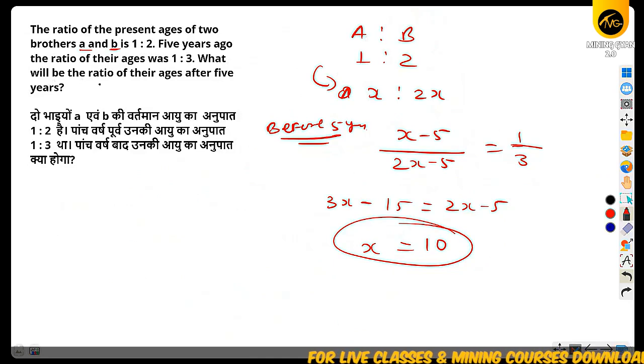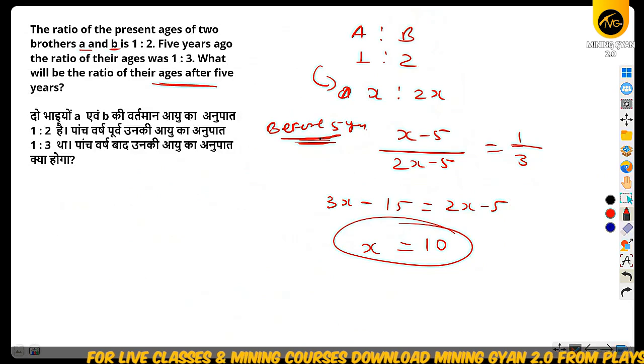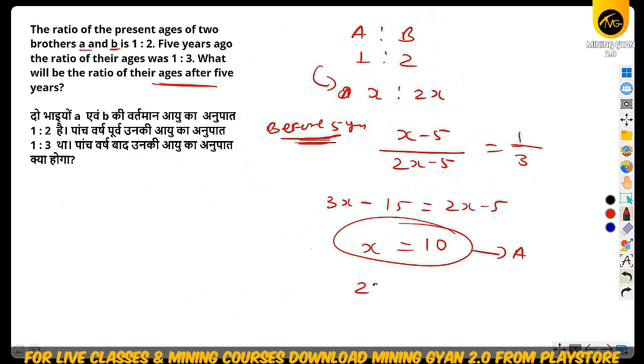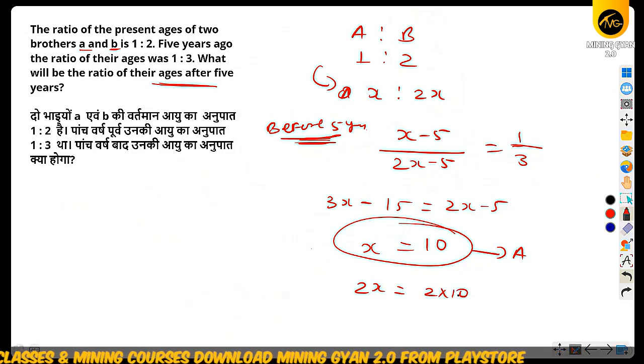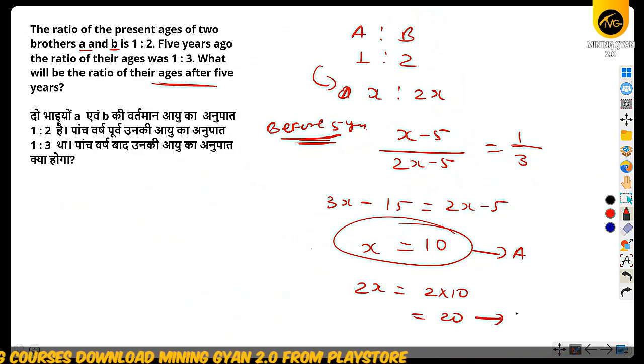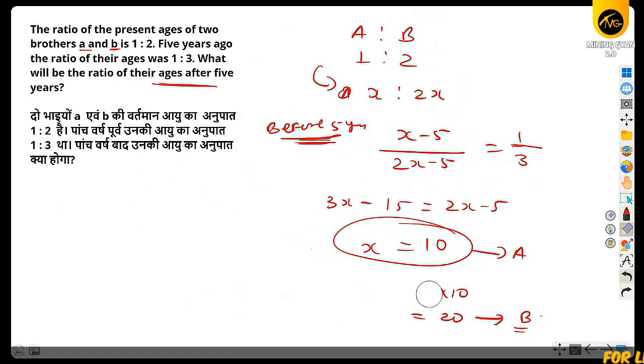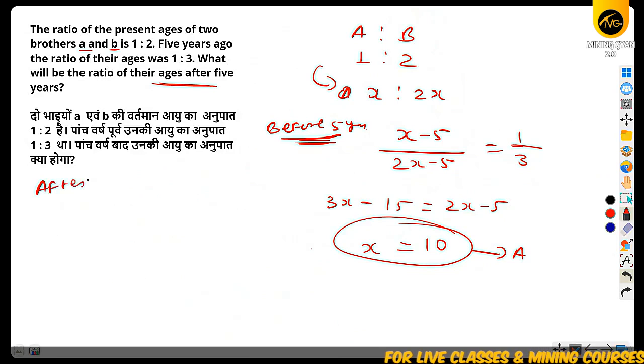What is the question? What will be the ratio of their ages after 5 years? That means just find out the ages of both brothers. So x is 10, this is the age of A, and 2x is equal to 2 into 10, that means 20 years. This is the age of B right now. Okay, after 5 years, you have to consider the after 5 years case.